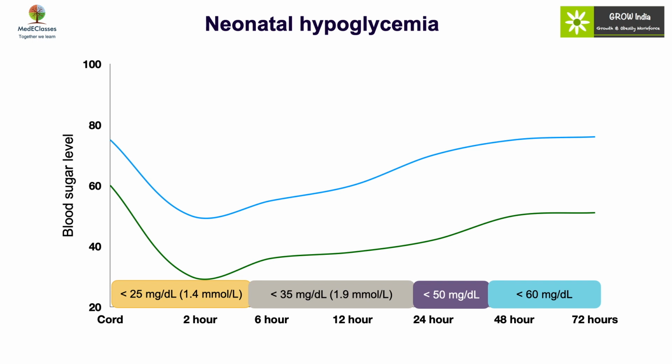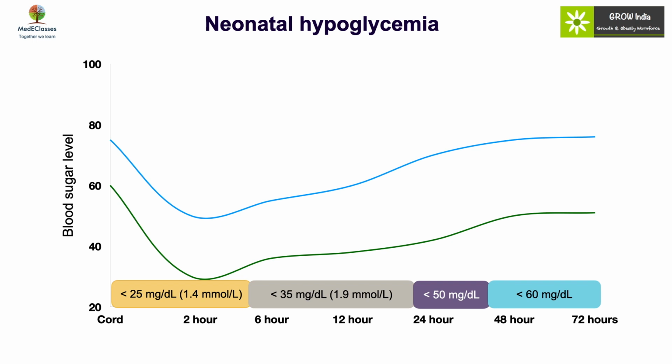What it means is that if somebody is symptomatic with hypoglycemia, don't bother about these cutoffs, but if somebody is asymptomatic, there is a definite need for correction in that situation. So these cutoffs of 25 below 4 hours, 35 between 4 to 24, 50 between 24 to 48, and 60 beyond 48 should be remembered. Now, these are the cutoffs to act, but once somebody has developed hypoglycemia, we want to maintain the levels higher.